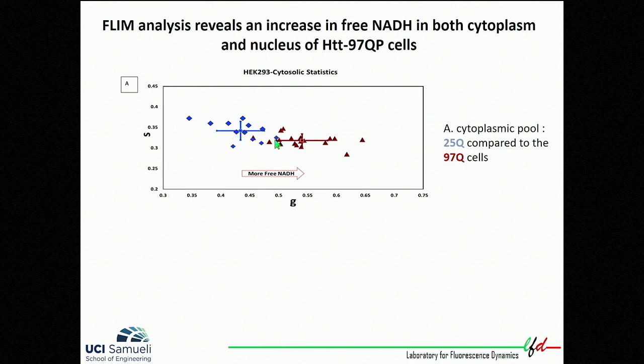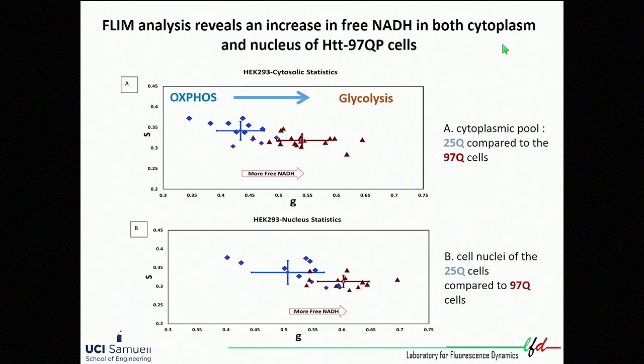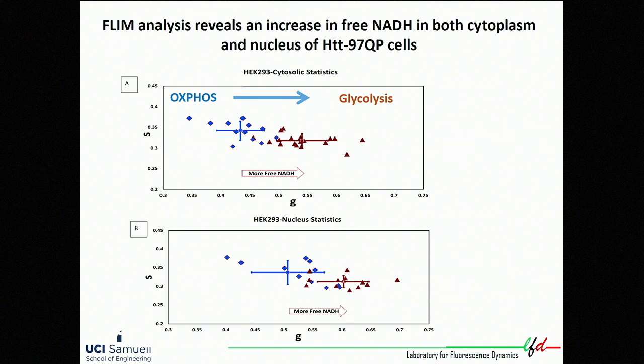It's undergoing oxidative phosphorylation. And once the cells are expressing the 97 expanded form in the cytoplasmic pool, we see a shift to more free NADH. Also, the nucleus shifts, and in fact, the nucleus is already higher in free NADH in the wild type, and it shifts to a higher fraction of free NADH in the 97Q.